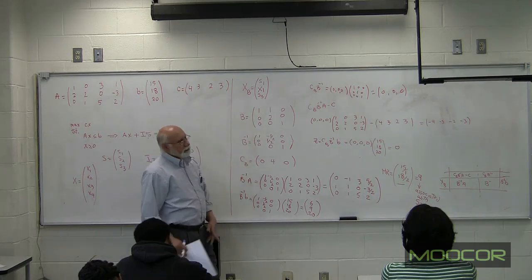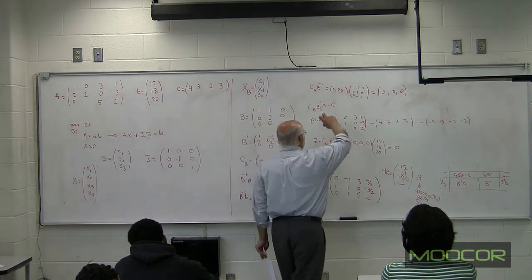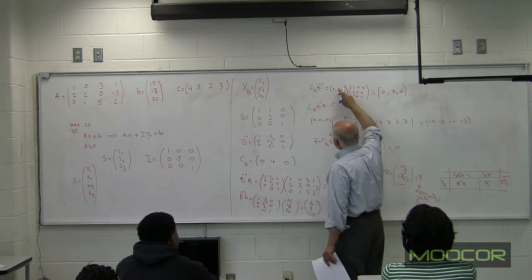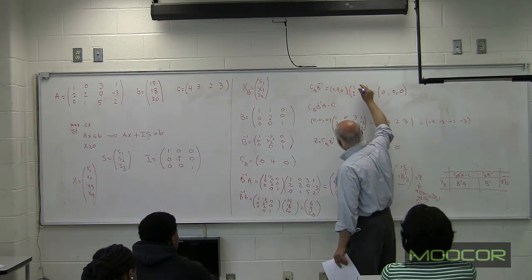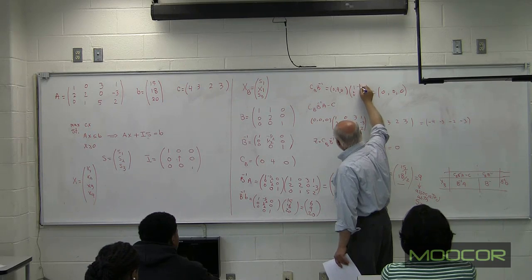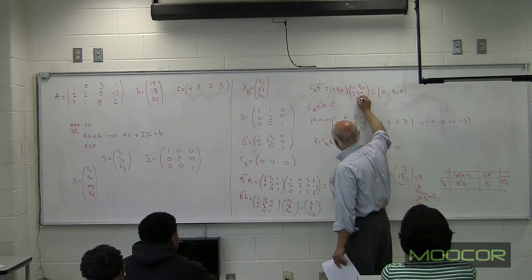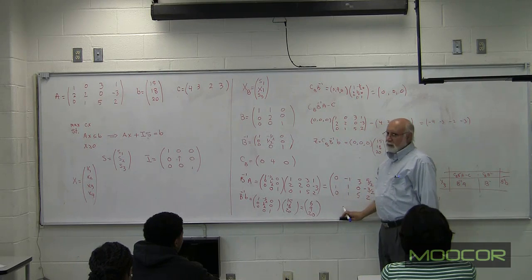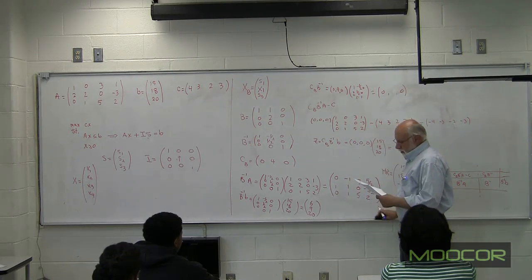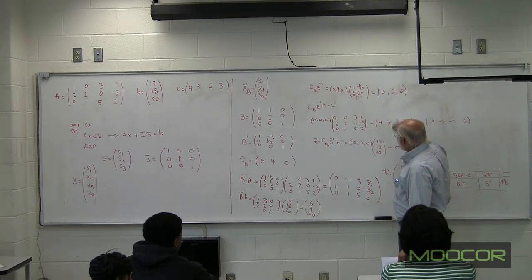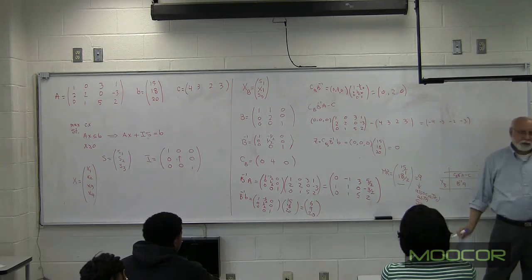What other calculations? I need to have CB, B inverse. When you multiply them, you will get 0, 2, 0.